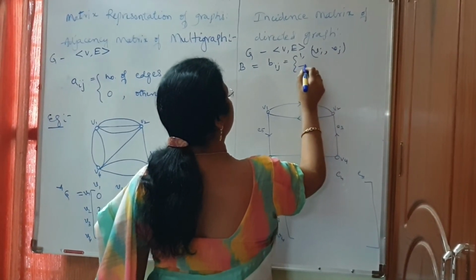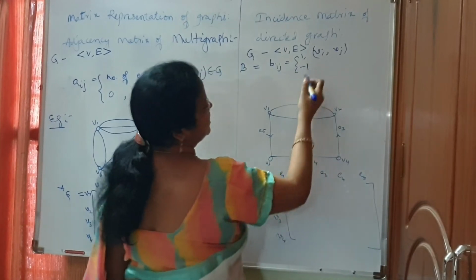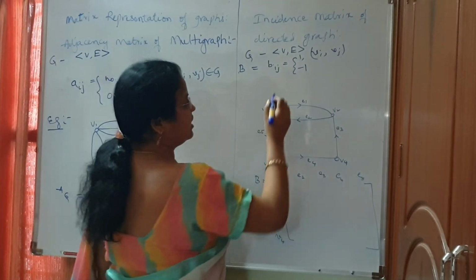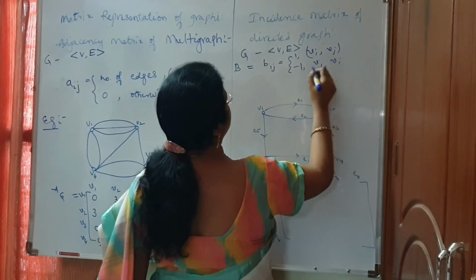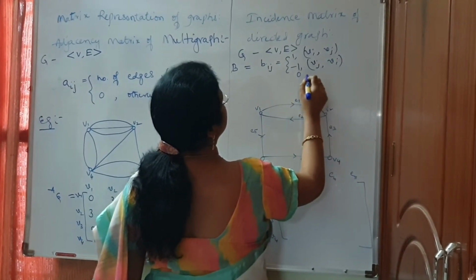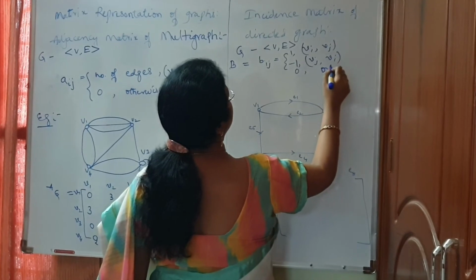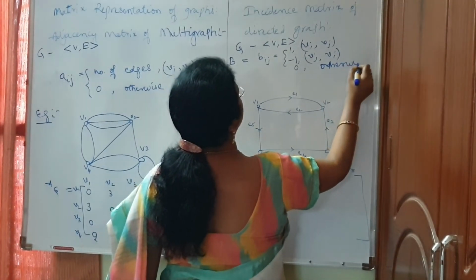Next we put the value -1 if there is an edge from vertex Vj to Vi, and if there are no edges we put the value 0.